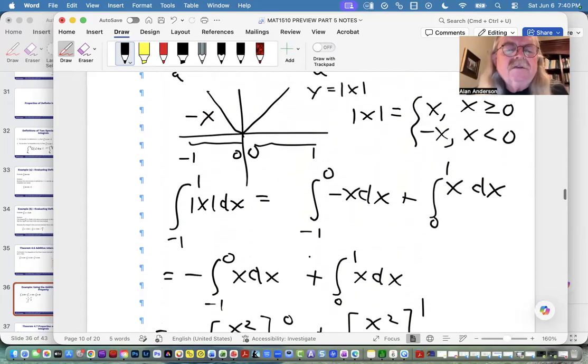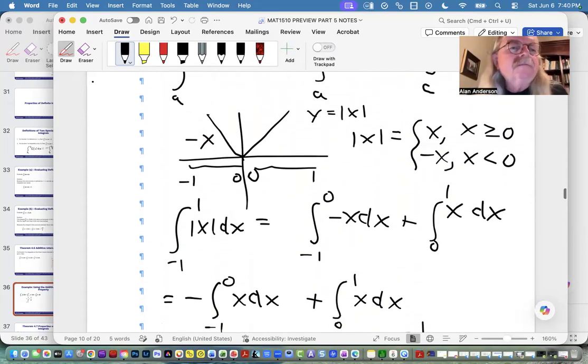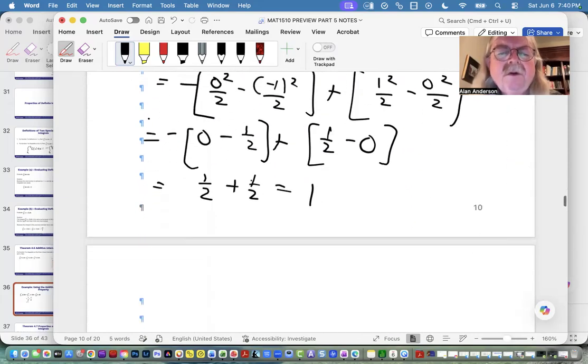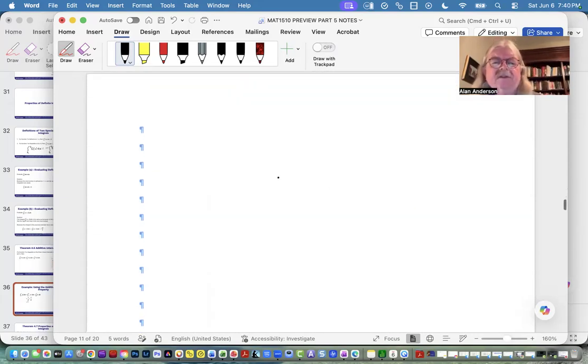And so what you effectively have just done, let me just move this for a second, is figure out this area. And on either side, we have an area of 1/2, which you could tell with geometry if you were so inclined.